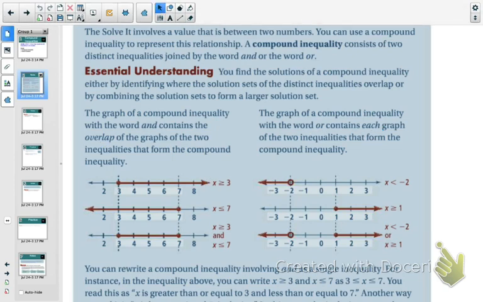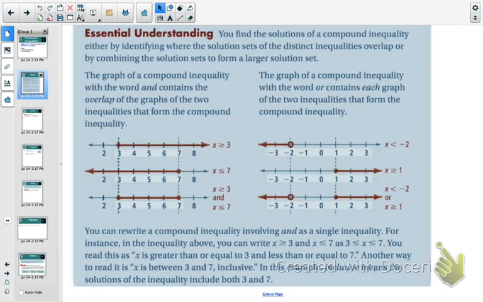Okay. So, for example, if we have x is greater than or equal to 3 here, we're going to start with a closed circle at 3. And it's greater than, so we're going to go to the right. X is less than or equal to 7 means there's a closed circle at 7 because it's equal to. It's going to go left because it's less than, like so.